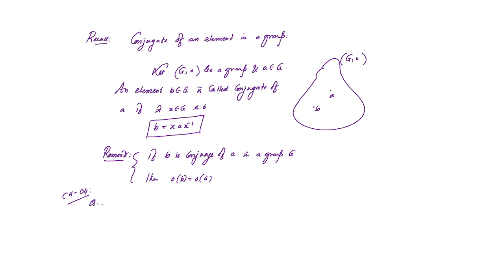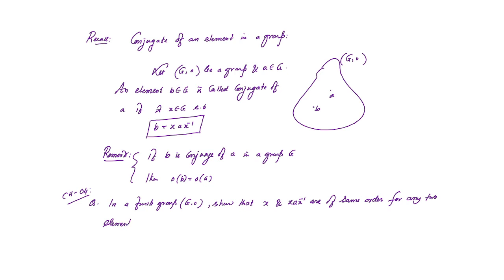The question is: in a finite group G, show that A and X A X inverse, that means the conjugate element of A, are of the same order, for any two elements A, X belonging to G. This question is given for 2 marks.